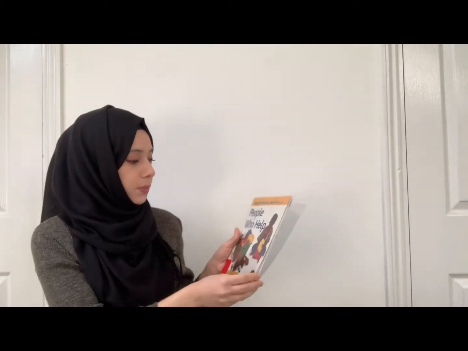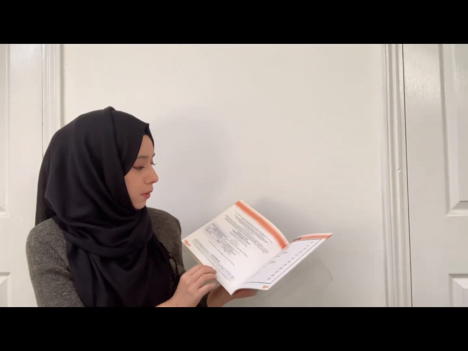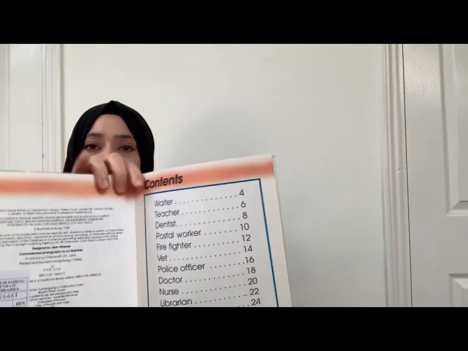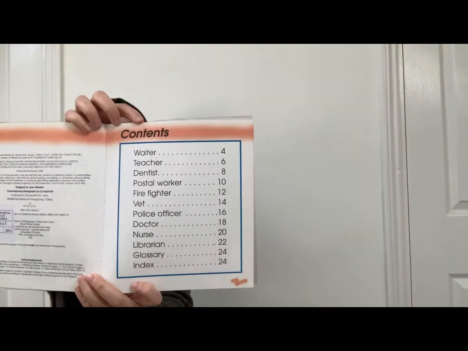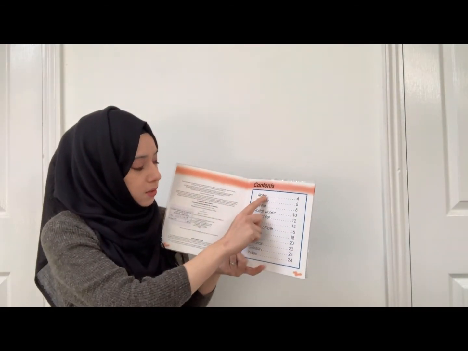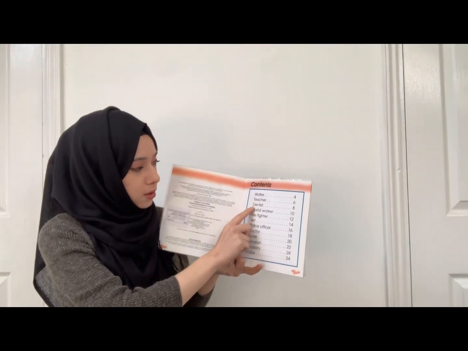Let's open it up. Ooh, we have a page here and it says the content page. Okay, and it has a few words, so little titles, along with the page number.